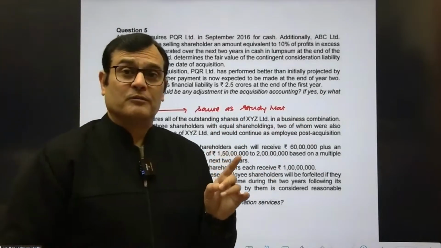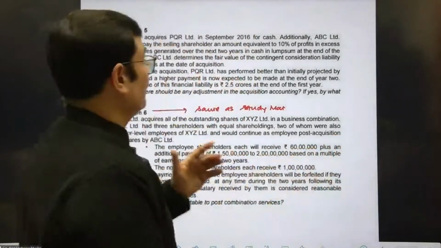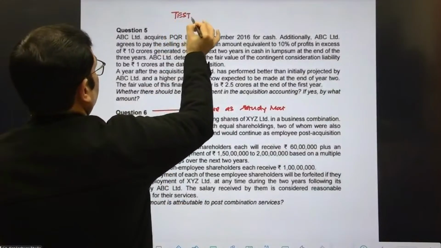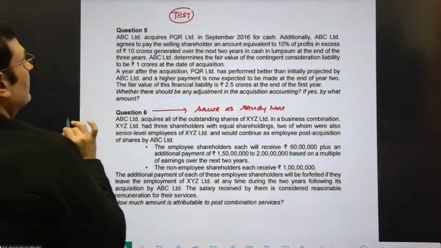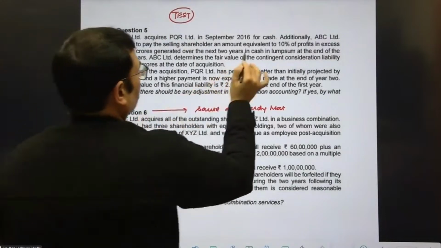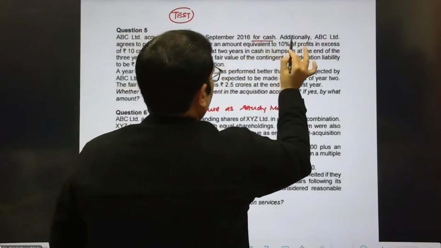Let's see question number 5, testing time. Now I'm going to read the question. You're going to decide the fate of this particular input. So this is more like a small little test for you at this stage. It says ABC acquires PQR in September for cash.